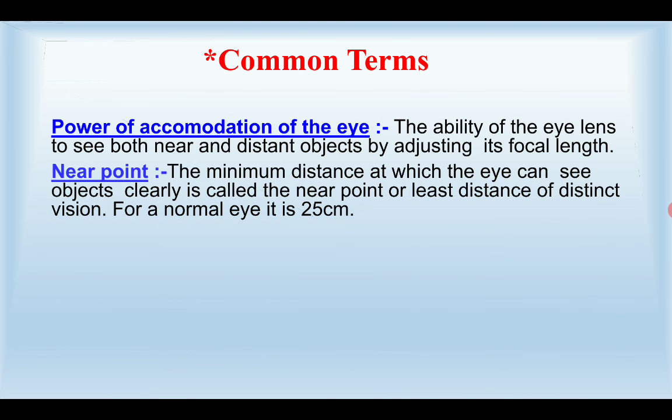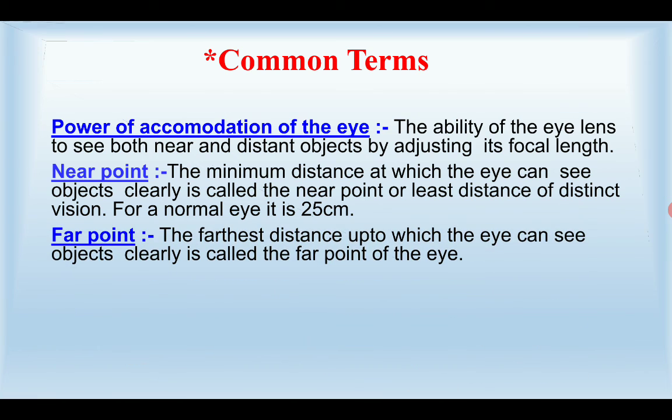Next one is near point, and the near point is the minimum distance at which the eye can see objects clearly, and it is nearly 25 centimeter. As we had seen in the video, this near point varies from person to person. So for a healthy eye we are taking the average of that, and that is 25 centimeter.